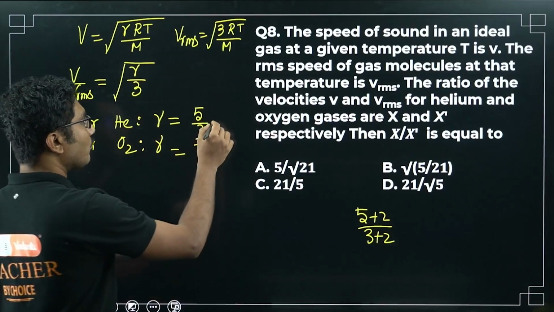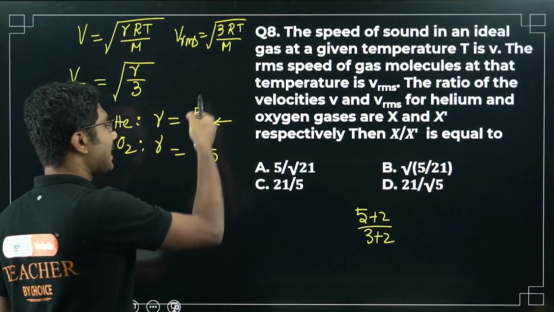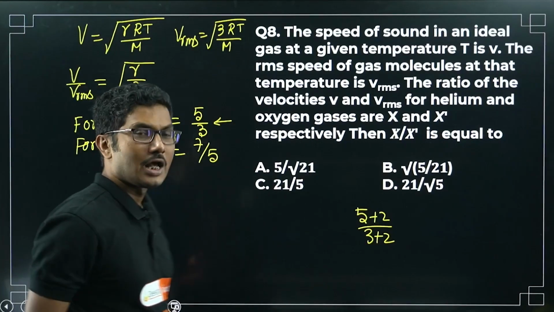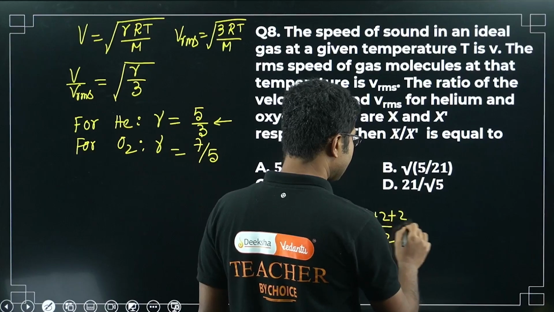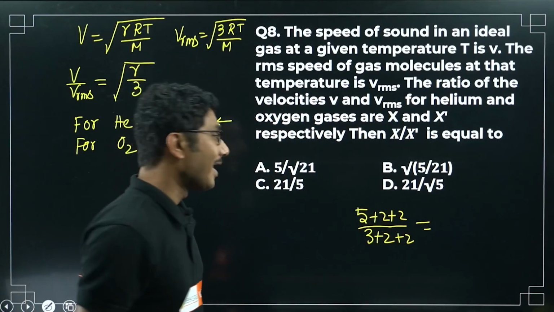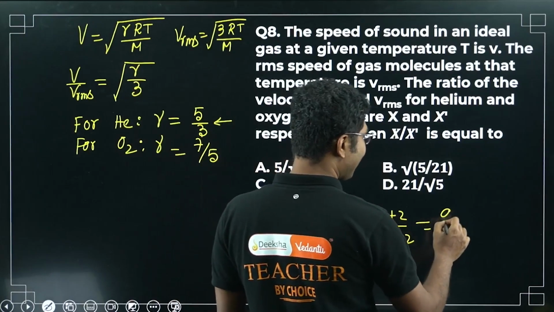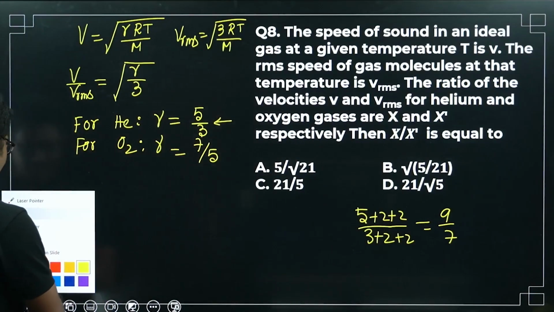For triatomic gas, you have to add one more set of 2 in both cases. Don't add 3, you have to add another 2. So it will be 9 by 7. That's the process.